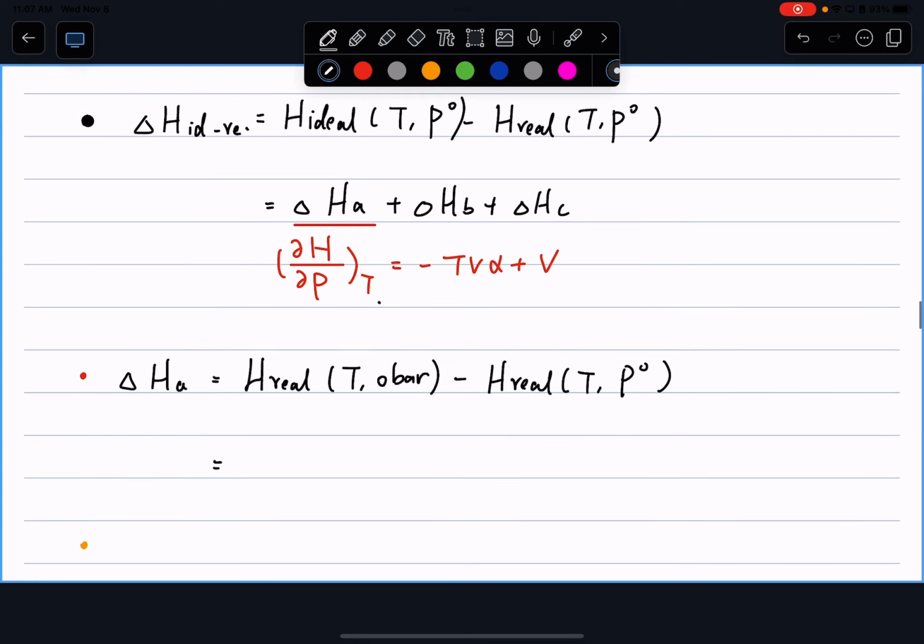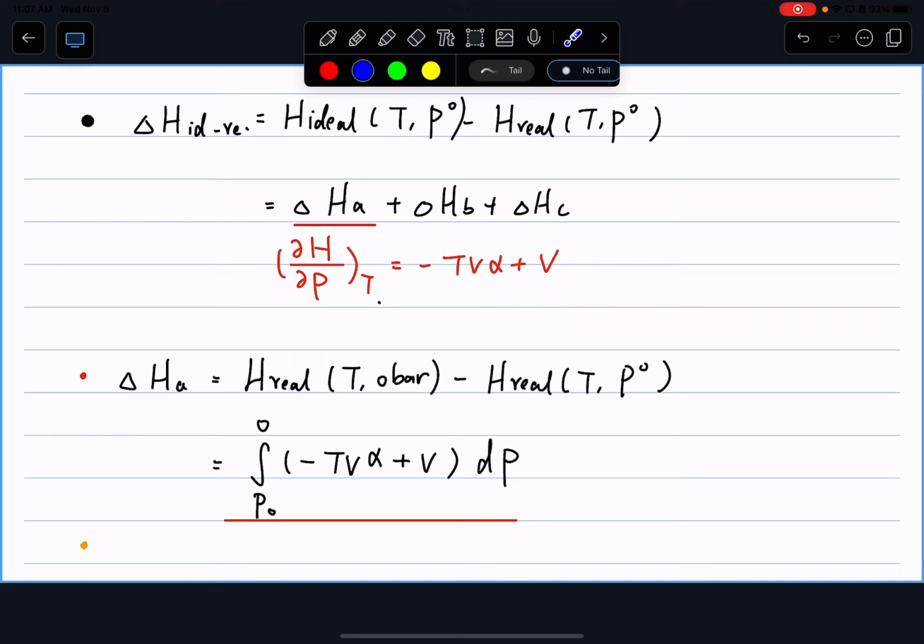And you use that relationship there, taking the integral over P, starting from P naught and ending at 0, we get the integral of negative TV alpha plus V dP. All right, so that's our first step here.